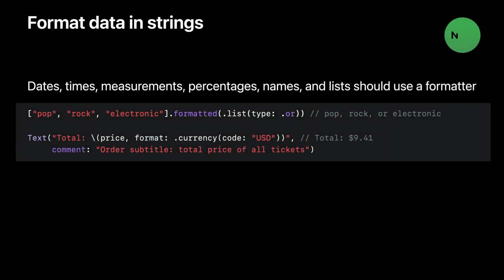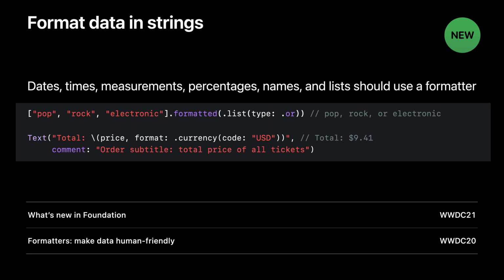And this is easier than ever, starting this year, to add our formatters in Swift. We made them easy to use inline in your string interpolation. Check this year's What's New in Foundation to find your new favorite API and get details about all those we've seen today. If you need to deploy to previous releases or want details on formatters, check last year's session.